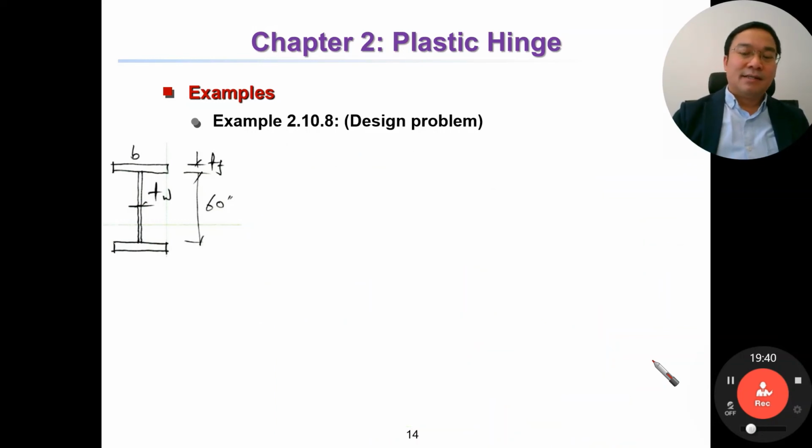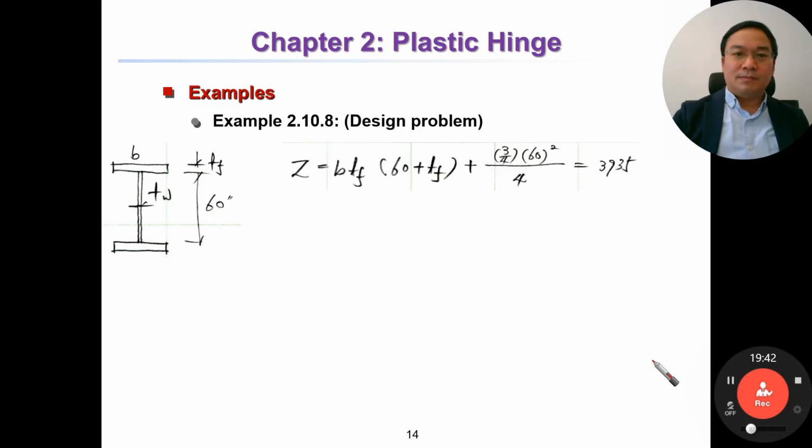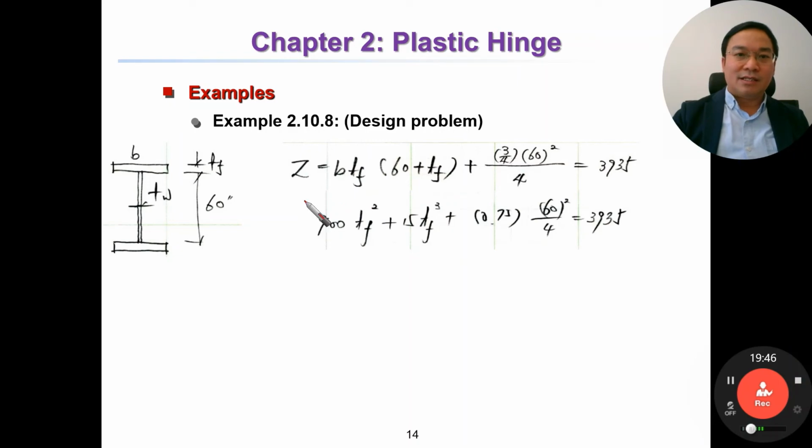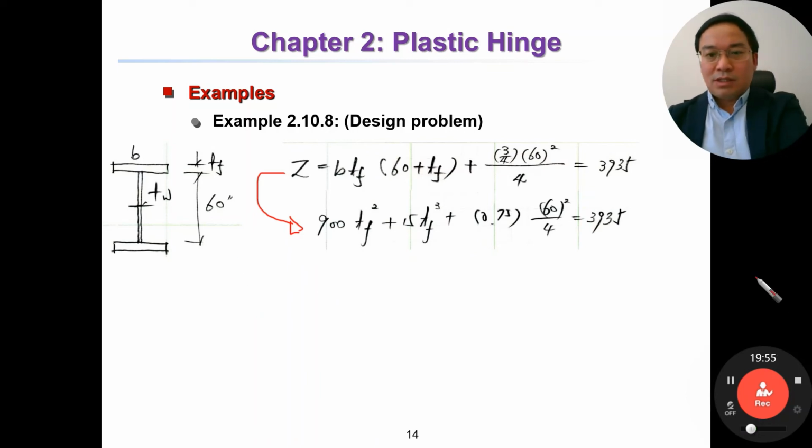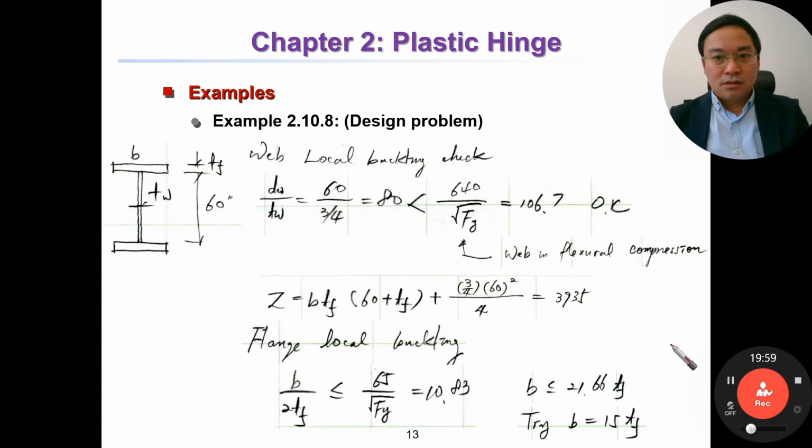Okay, now because we have this equation, from this equation let's try B equal to 15 TF.